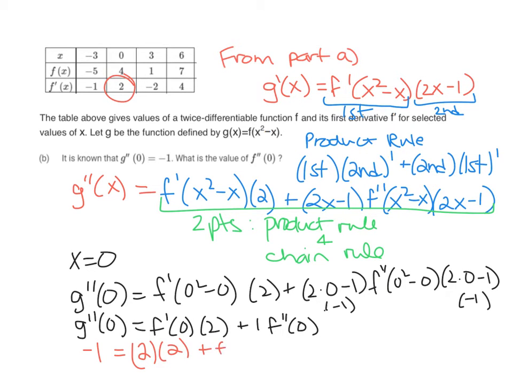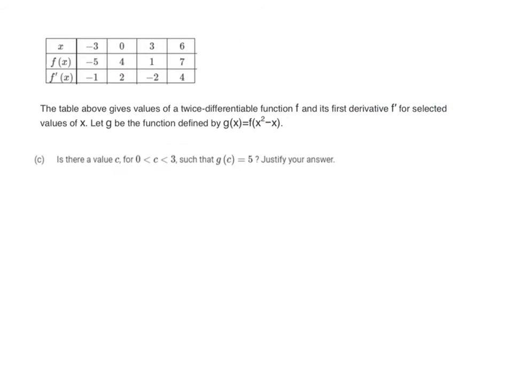So I actually now have an equation where I only have one variable, and that's the f double prime of 0. I can solve that out, and I end up getting that f double prime of 0 is equal to negative 5. So actually this last part seemed really long, but that's only worth 1 point. So this full part of the question is going to be worth 3 points.